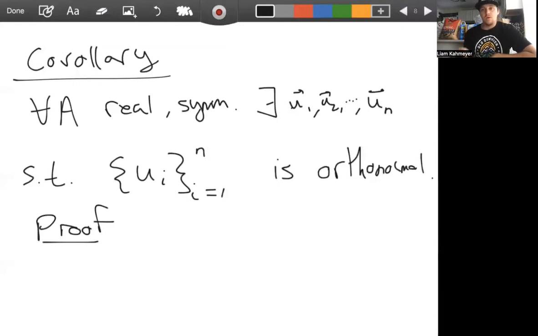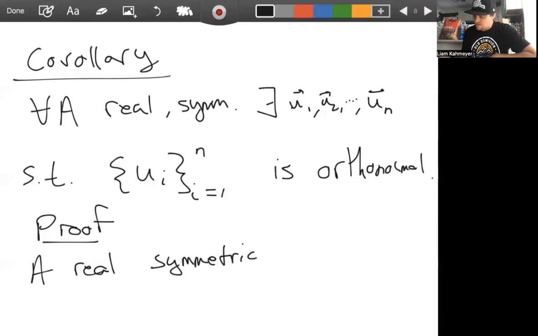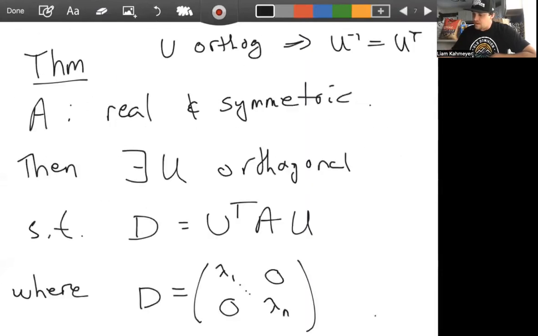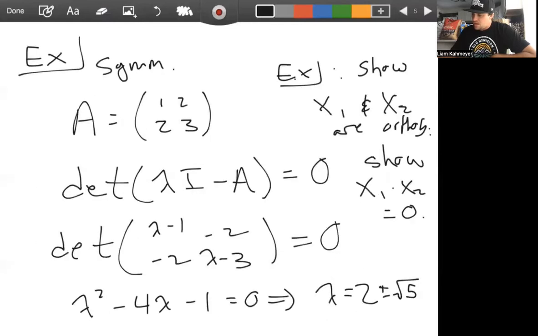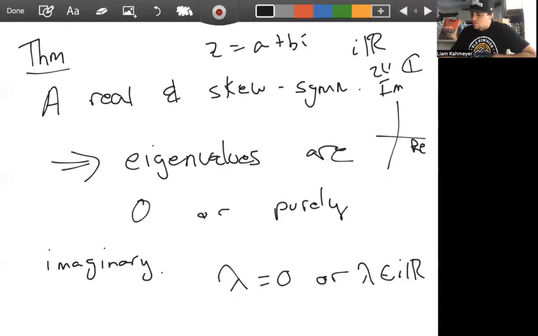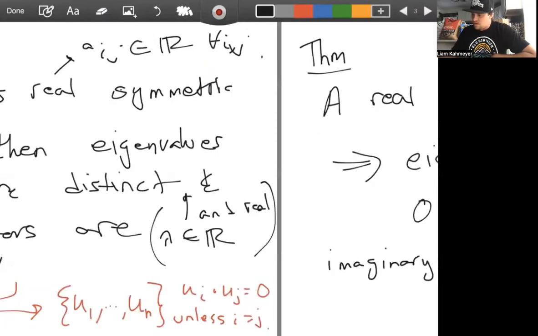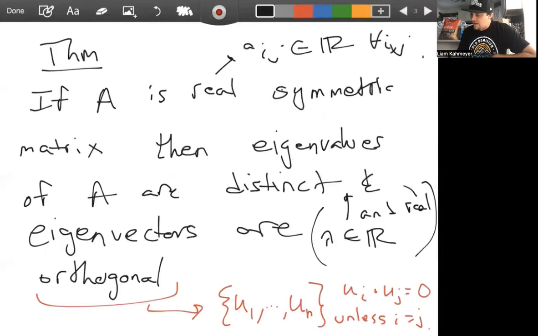Well, what do we start with, right? We start with our assumption, and our assumption is that we have a real symmetric matrix A, right? So A, real symmetric, implies, well, by the theorem in the last video, that the eigenvalues are necessarily real, right?